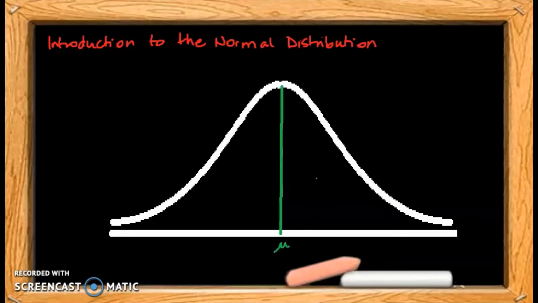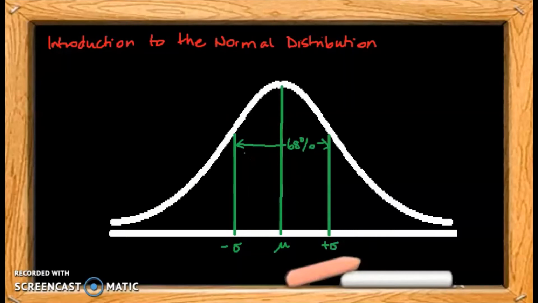Now, if we were going to make an approximation between the mean and the first standard deviation, and I'm going to draw the other standard deviation, one below and one above, and you'll notice they're exactly symmetrical, we would expect to get around 68% of our data between one standard deviation below to one standard deviation above.